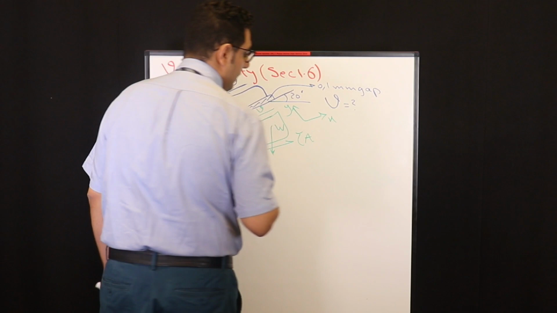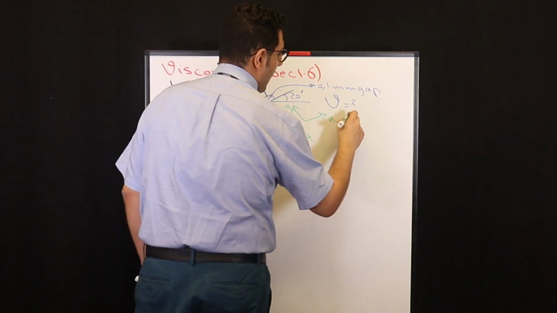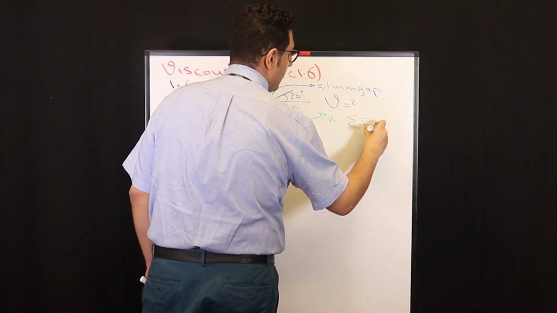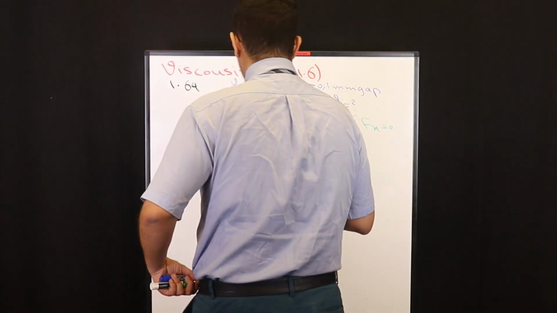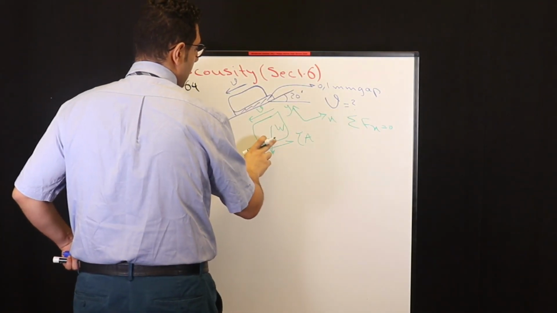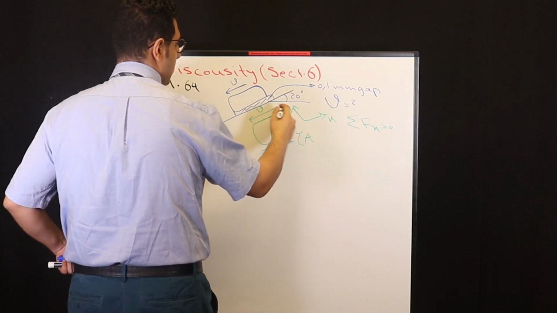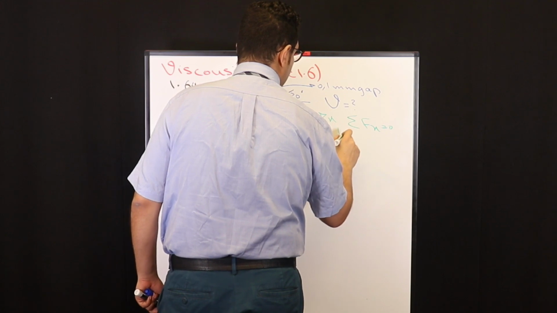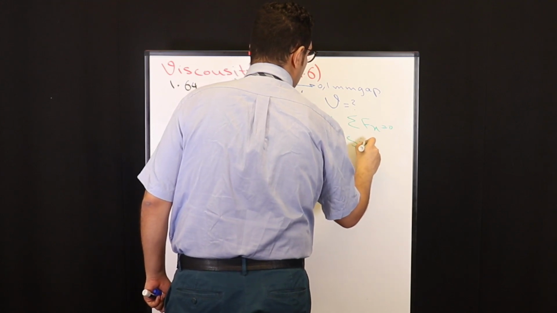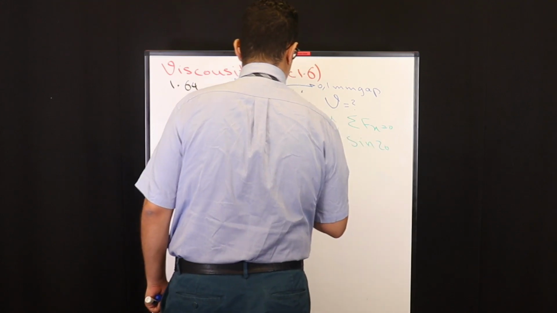Based on Newton's second law, we have sigma of Fx is equal to 0. If we project the weight force in this direction, we have weight multiplied by sine of 20 degrees.